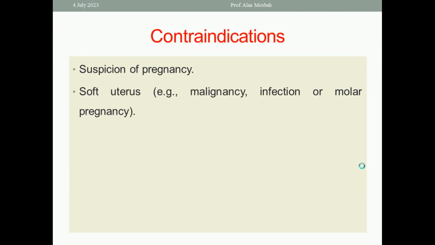If you are suspecting pregnancy, never do uterine sound, because you will disturb this pregnancy. Okay, so it is contraindicated if there is suspicion of pregnancy. Also, in case of soft uterus, like malignancy, infection, or molar pregnancy, because you can perforate the uterus easily in this soft uterus.